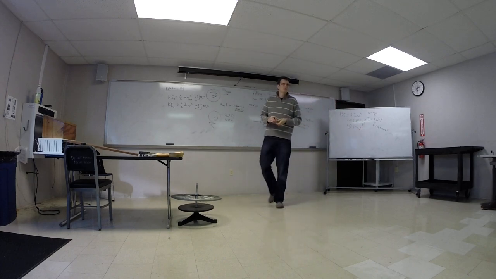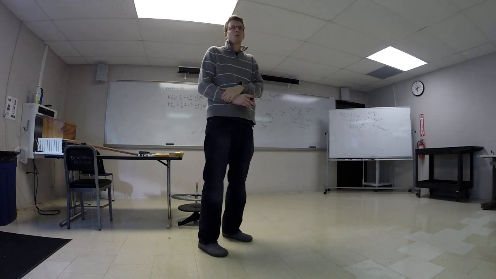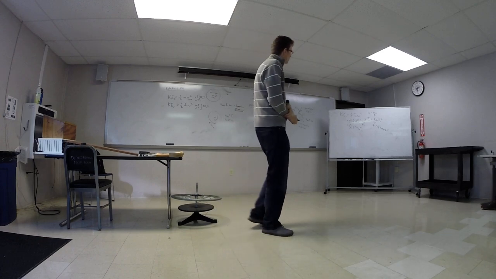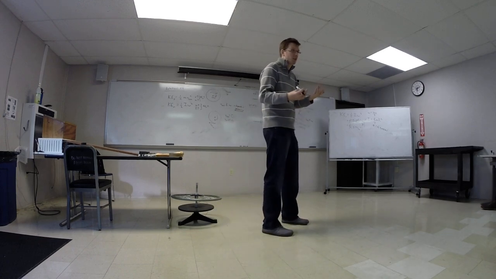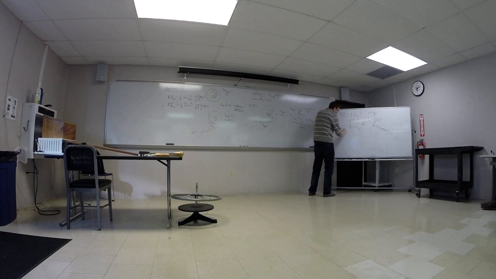I get this. Now, what is that quantity in parentheses? It's the translational kinetic energy. So we just found an extremely useful fact. When you're rolling, the rotational kinetic energy is squiggle times the translational.